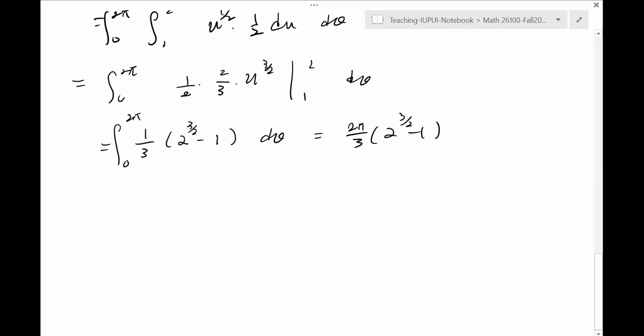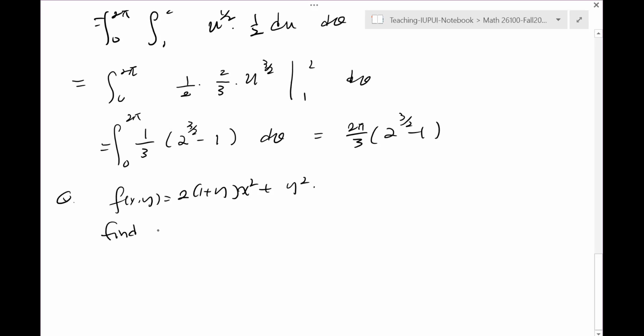Now, if you look at the part covered by test 1, we also have problems of how to find the maximum value and minimum value. Okay, and here's a function. We are given a two-variable function.